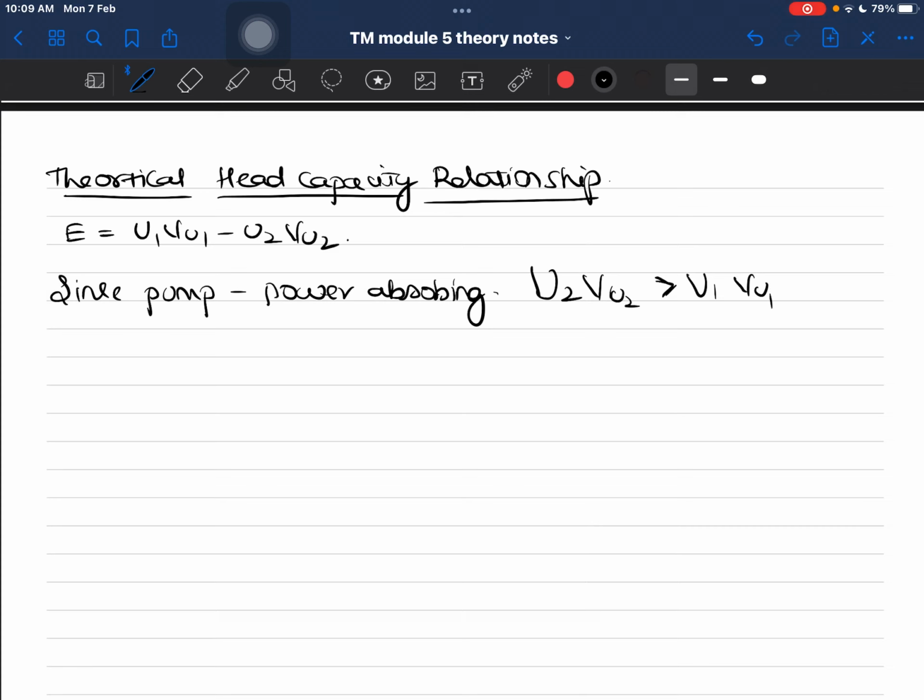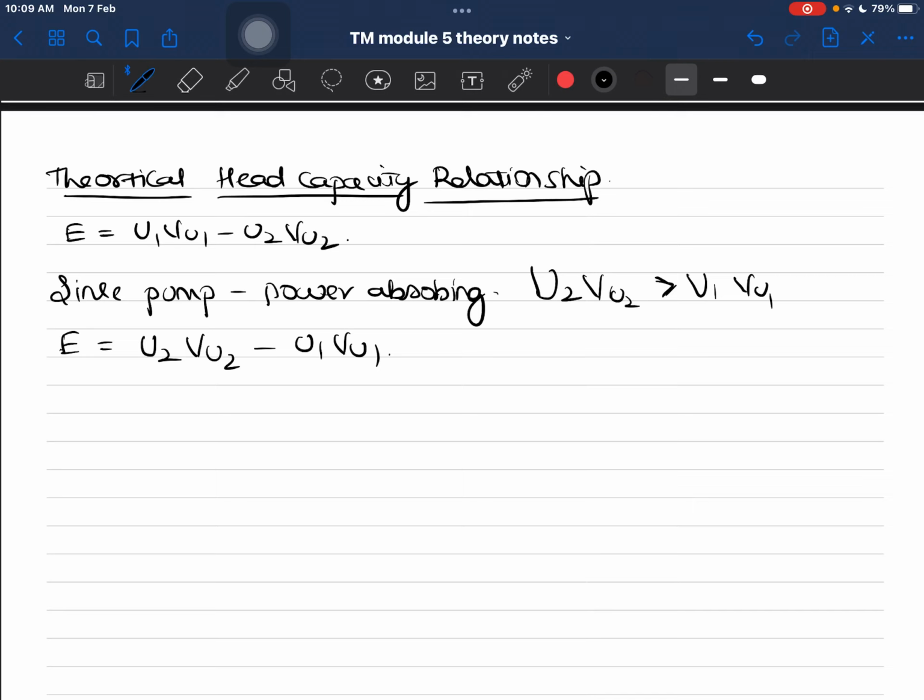Okay, since this is a power absorbing machine, therefore it is rather easy for us to write U2 VU2 minus U1 VU1. Why are you changing this particular pattern? Since this is a power absorbing machine.